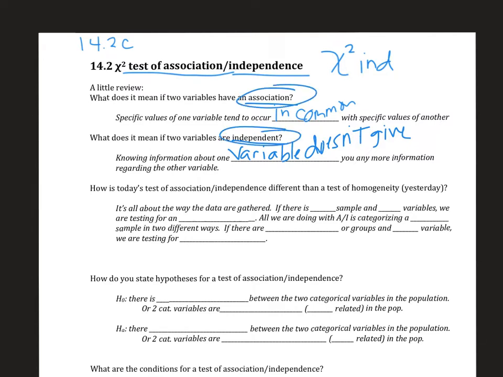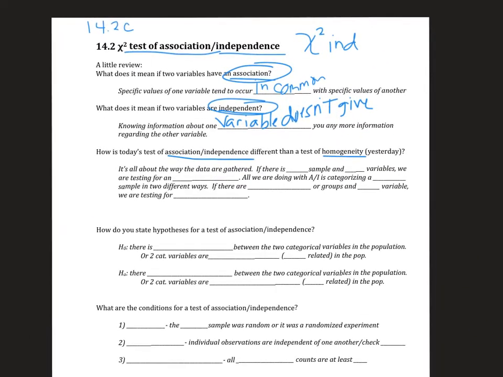So how is today's test of association independence different than the test for homogeneity? Well, it's all about the way that the data is gathered. If there is one sample and two variables, we are testing for an association.